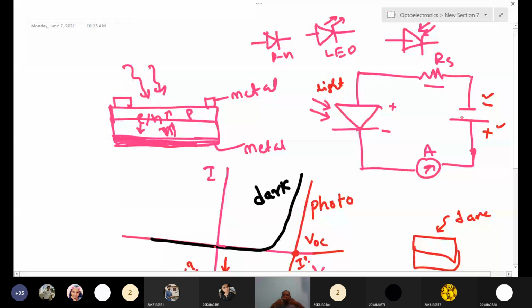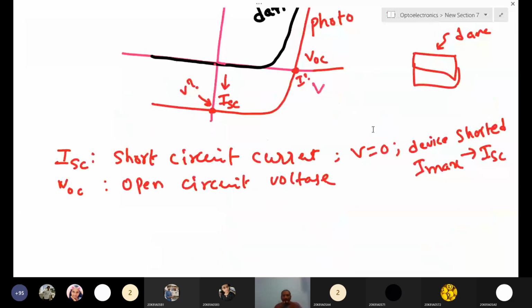That is short circuiting. When our device is short circuited, maximum current flows through the device. That maximum current we call short circuit current. This value will change depending on parameters, but ISC is the maximum current in a device.